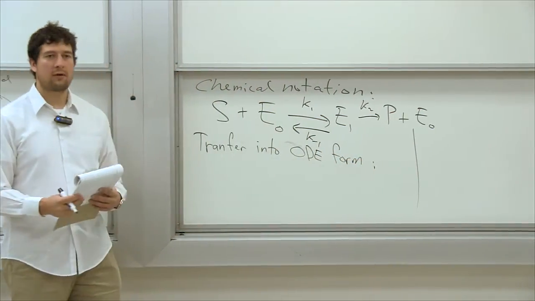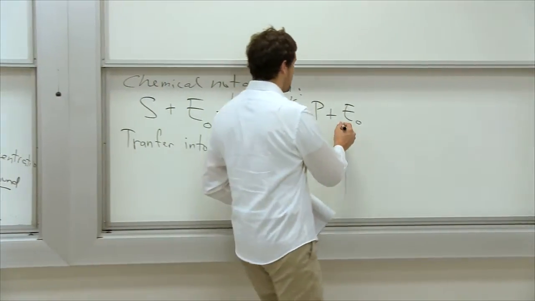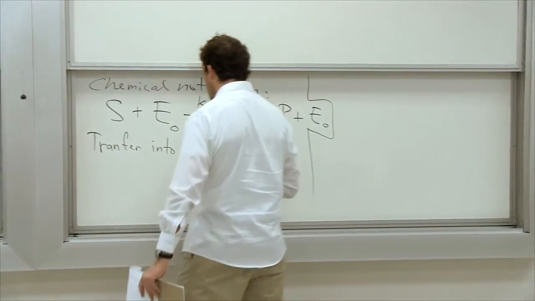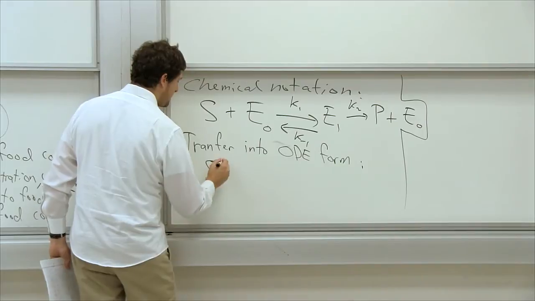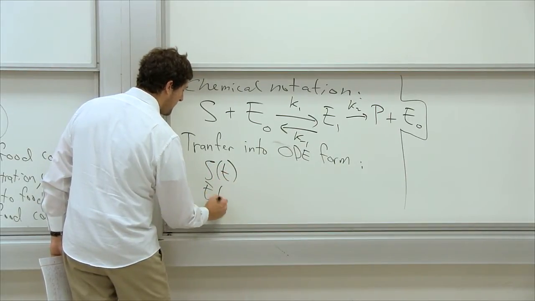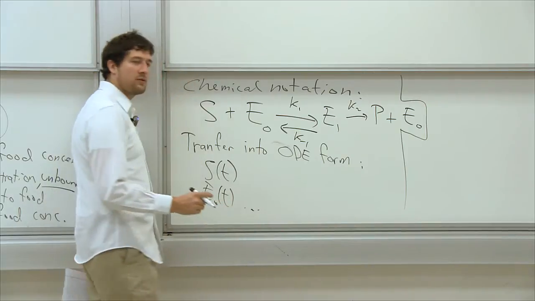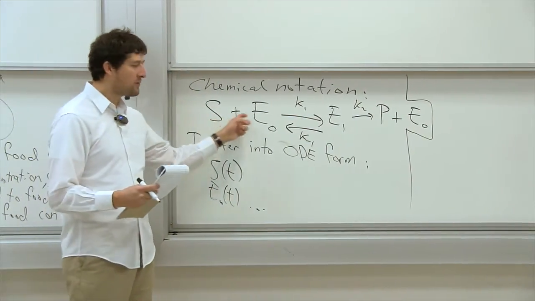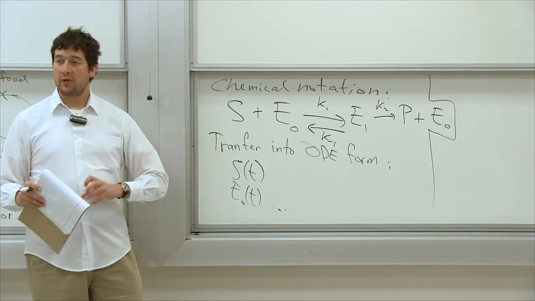Maybe I'm going to write it over there. So we have S of t, we have E0 of t, and so on and so forth. So each of these variables is a variable over time.